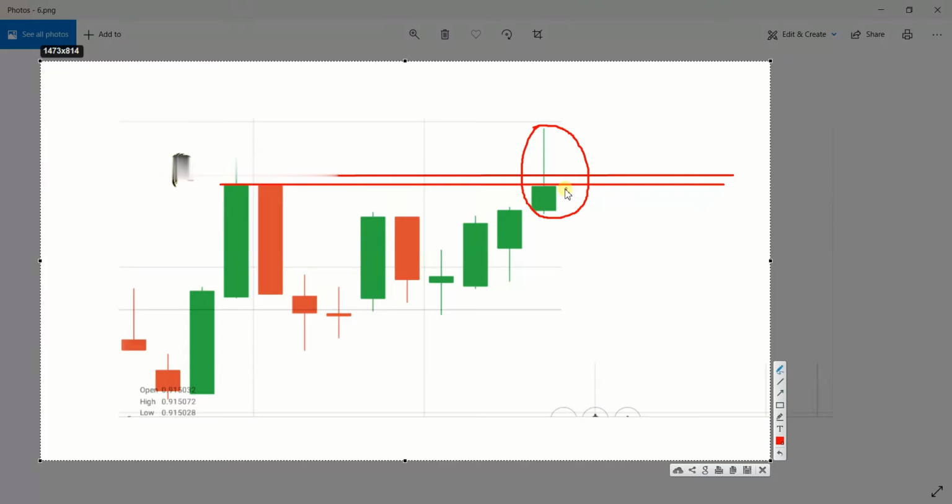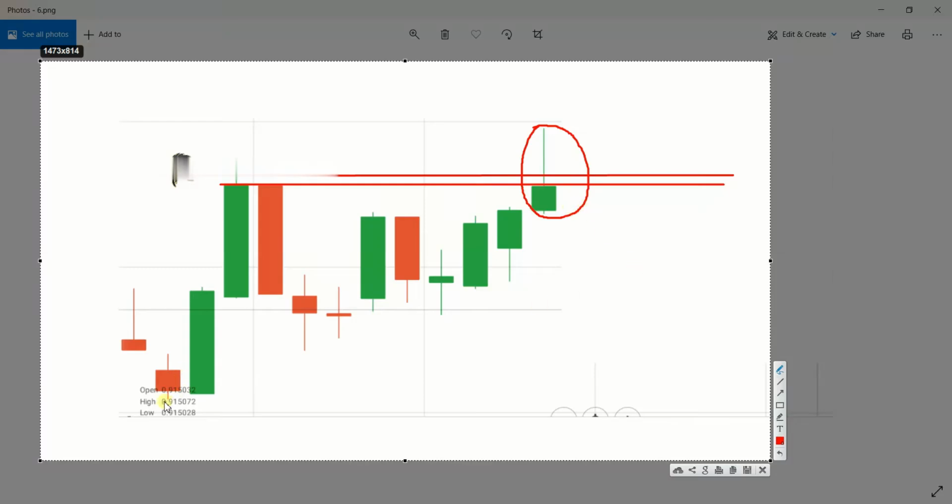You can check here, and we already see a strong rejection from the sellers. This strong rejection shows us the sellers are interested at this area.